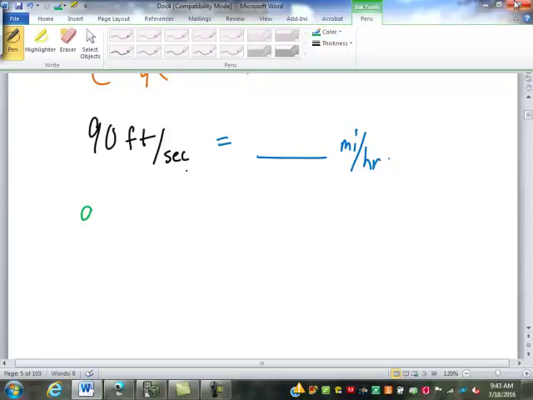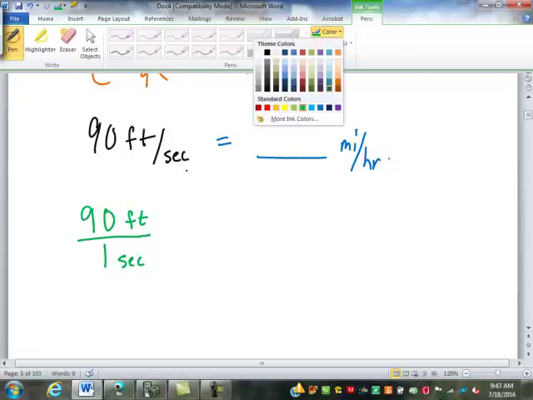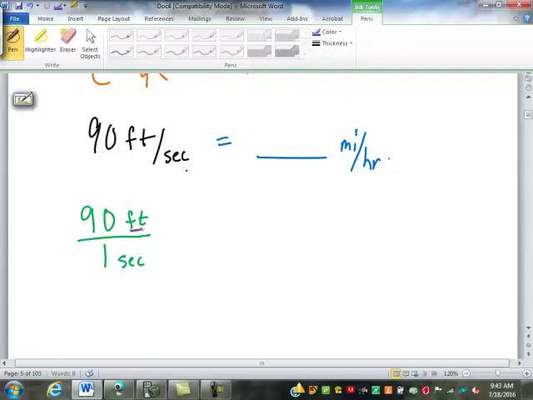Well, let's take a look. First thing we have to do, we talked about this when we talked about rates and ratios and proportions: 90 feet per second is really 90 feet over 1 second. We have to think of it that way. And now I have to change my feet into miles and my seconds into hours.